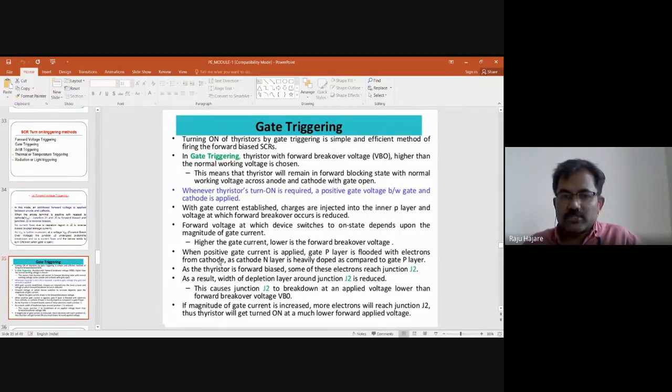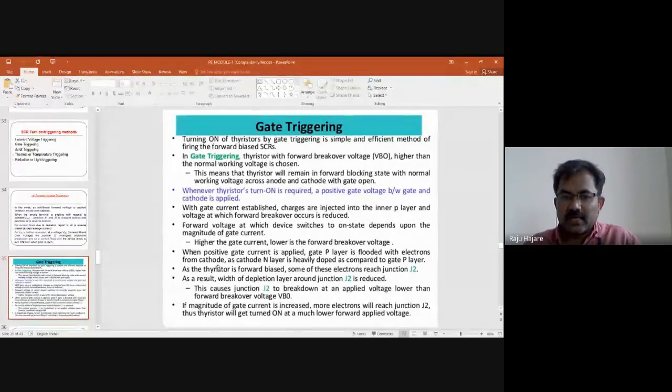So why does it happen? When positive gate current is applied at the P layer of the SCR structure, the four layer PNPN structure, the second P layer is flooded with electrons.